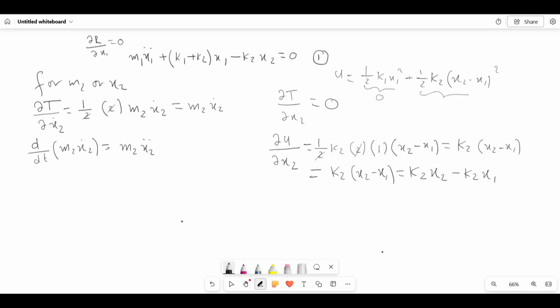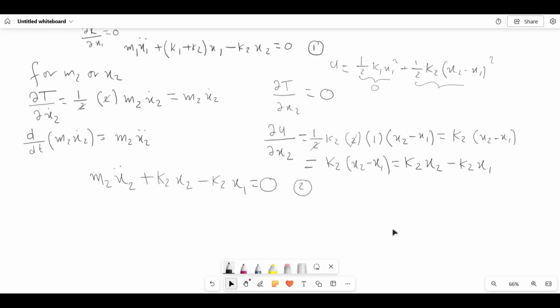So if we write the second equation, it's going to be m2 x2 dot dot plus k2 x2 minus k2 x1 to be equal to 0. So this is equation 2. Usually you have to write this in matrix form. What we are doing now is writing the equations of motion. We will do other things, normalizing and so on, and I will explain about it, but not now.